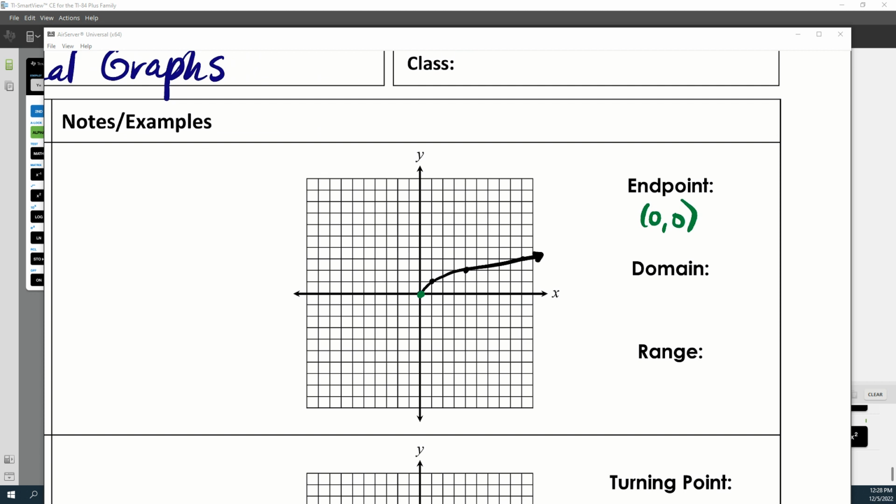The graph starts at (0, 0) and goes forever to the right, so that's going to be all the x's that are greater than or equal to 0. And then for the range, they're talking about from bottom to top. So it's the bottom y value, the lowest it goes, 0. So your range is all the y's greater than or equal to 0.